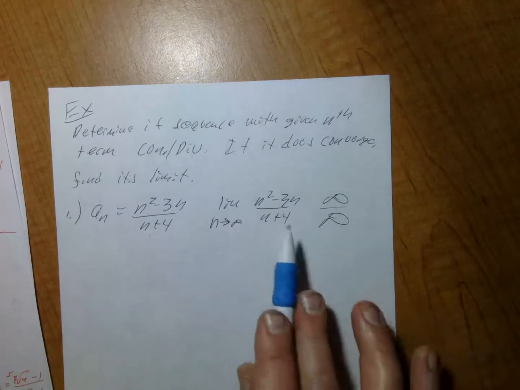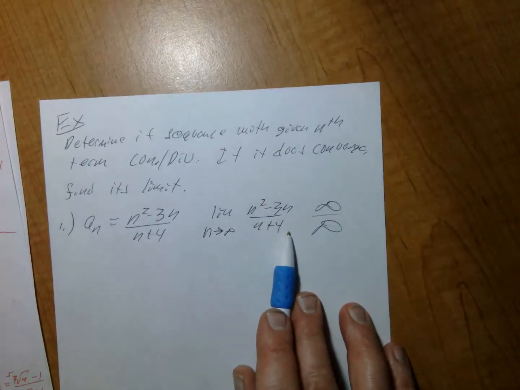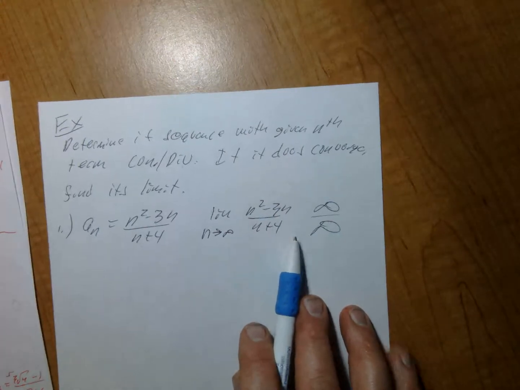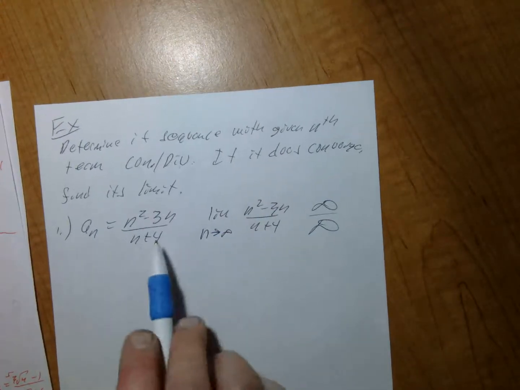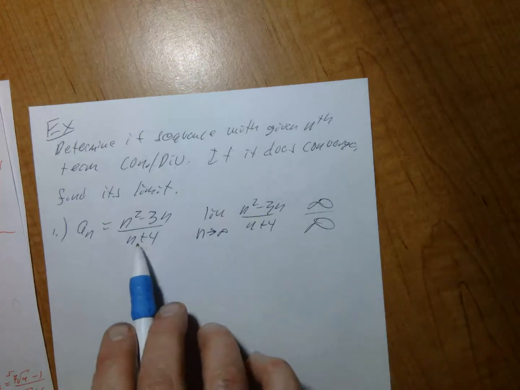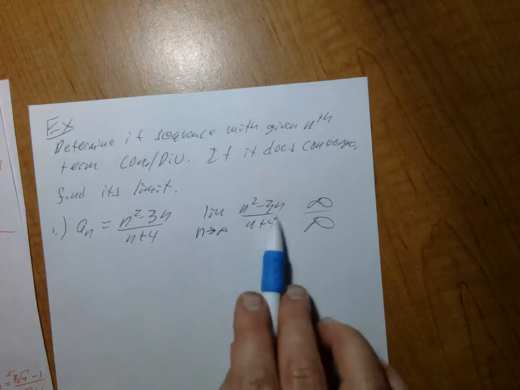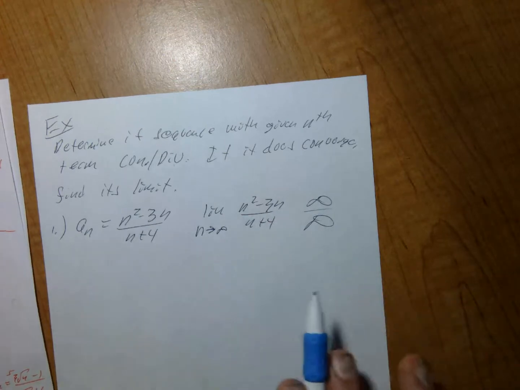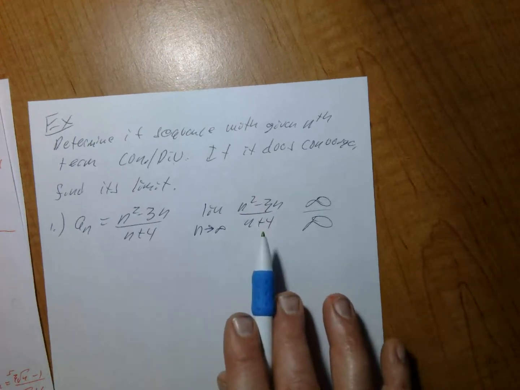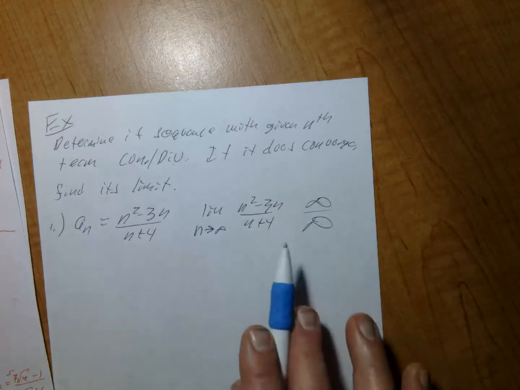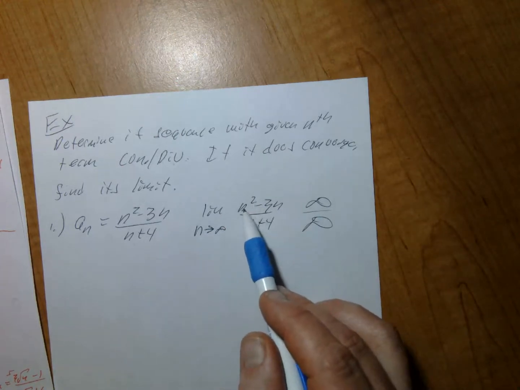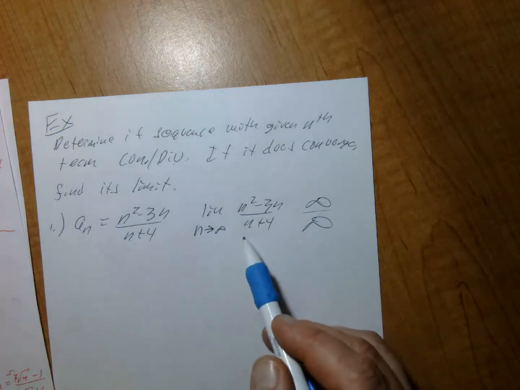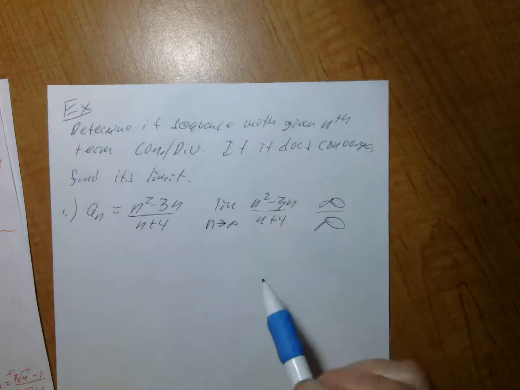Now, technically, this is a sequence, so L'Hopital's rule does not apply because it's not a continuous function. If you don't have a continuous function, then derivatives don't make sense. However, this is what I was talking about earlier when I said you can kind of just jump to it. What we're talking about is a sequence, so this only works when n is 1 or 2 or 3 or 4, none of the stuff in between, none of the crazy decimals. These aren't continuous things. But if I look, in my head, at the analogous real valued function, x squared minus 3x over x plus 4, then L'Hopital's rule applies, and then you can switch it back.